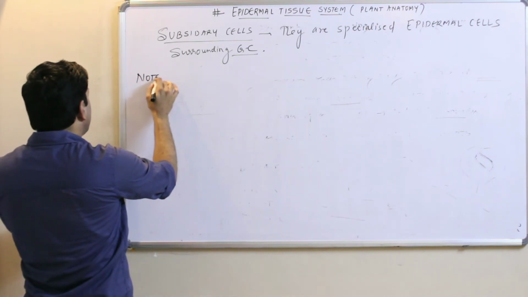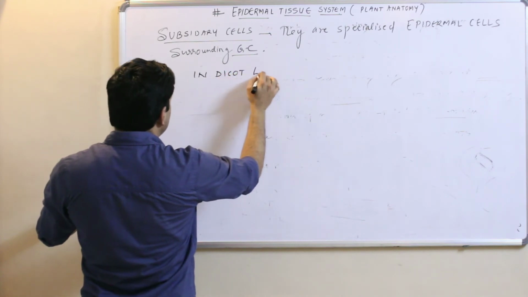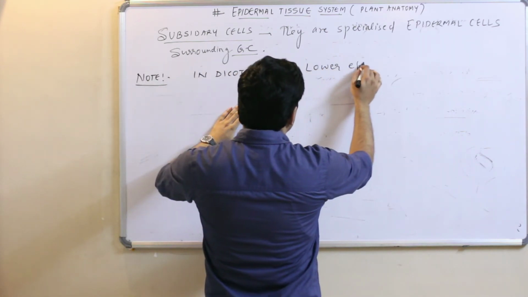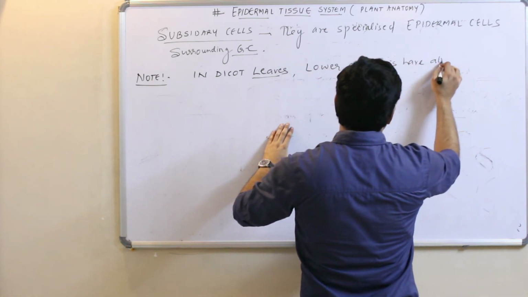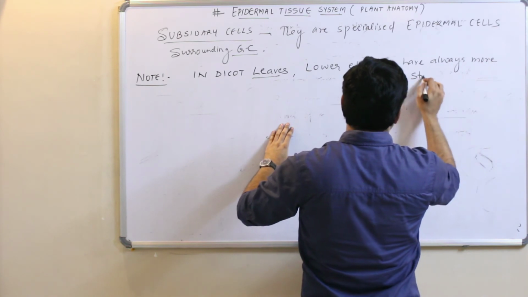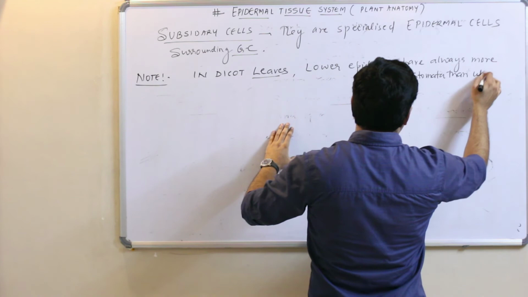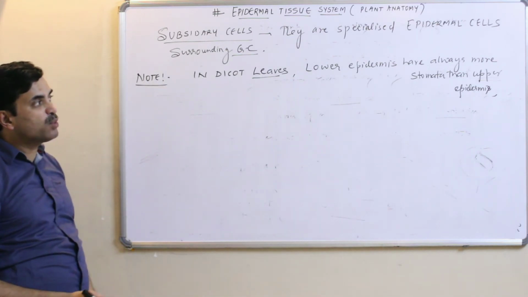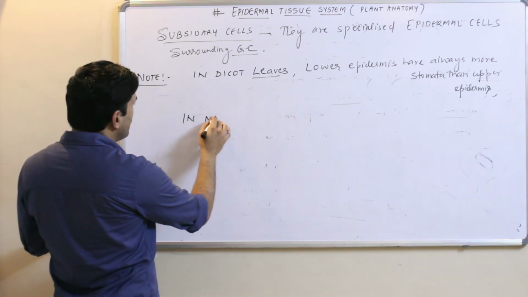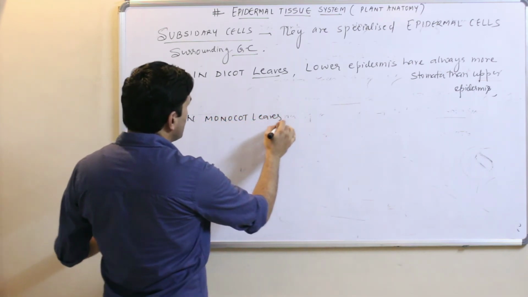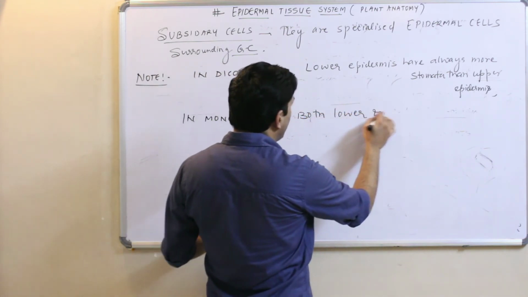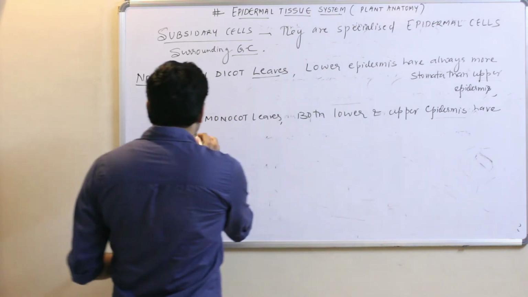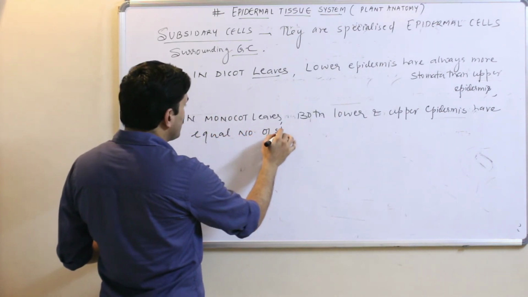And also remember one thing, that in dicot leaves, lower epidermis always has more stomata than upper epidermis, but in monocot leaves, both lower and upper epidermis have an equal number of stomata.